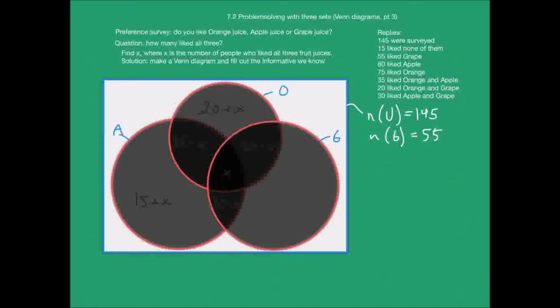And we're going to write 55 minus 30 minus x. So I'm subtracting the petals here, right? Minus x minus 20 minus x.